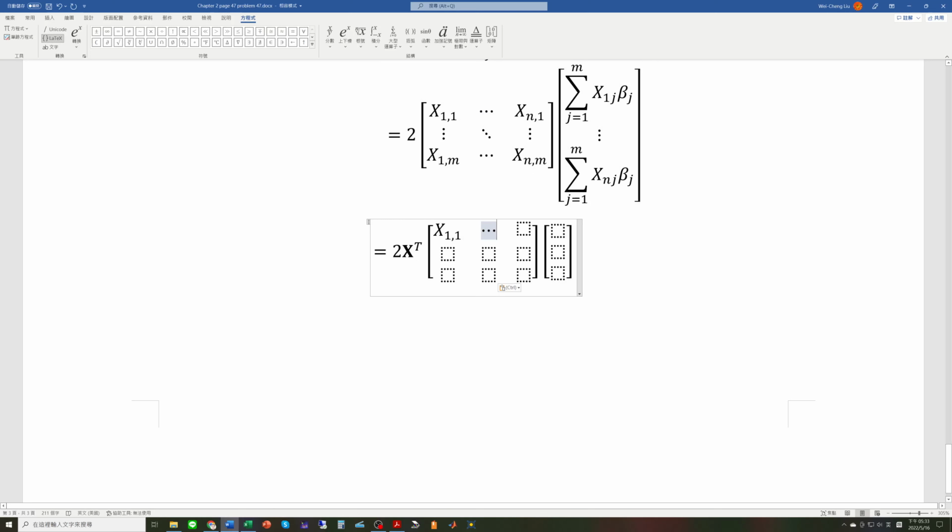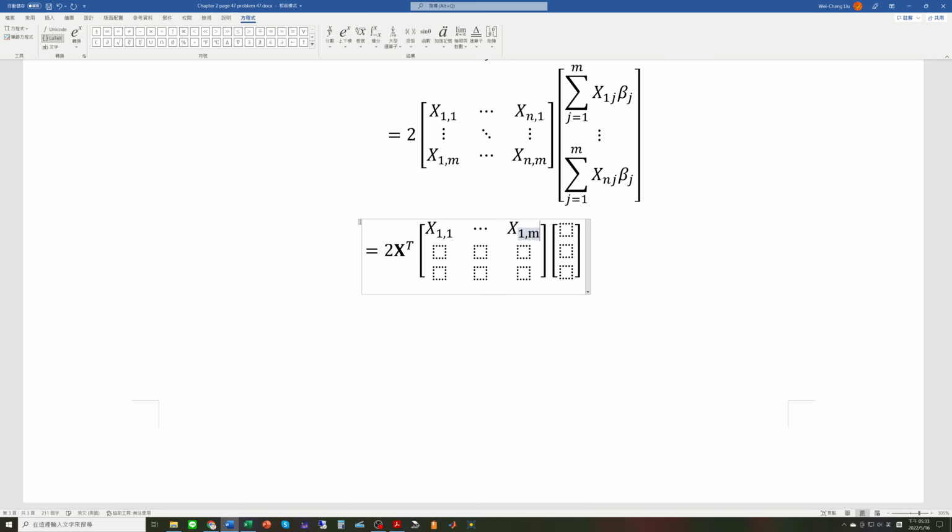And the last element is also x_1j with j being replaced by m, so it becomes x_1m. Like this, and so on. Vertical dots, diagonal dots, and vertical dots.